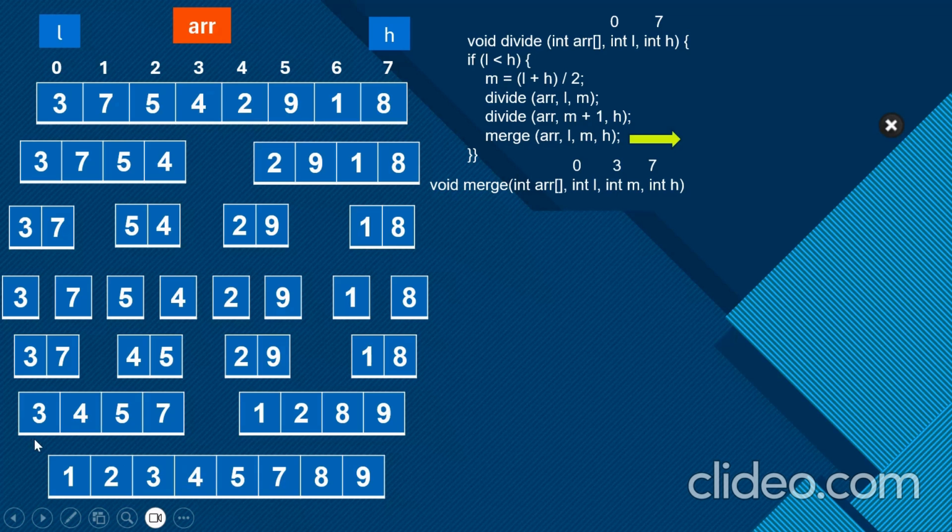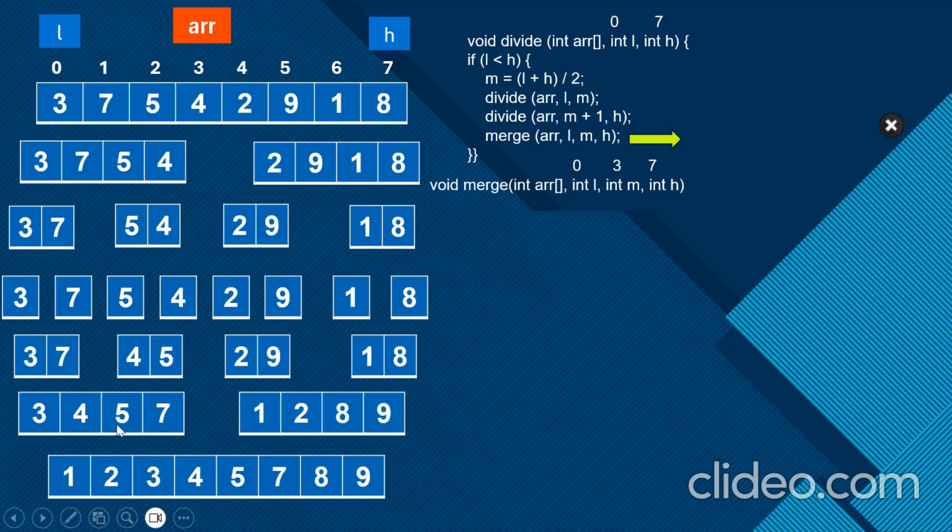To start with, as would be seen in code shortly, i would be 0, j would be 0, and k would be 0. i equal to 0 means we are currently at this index, and j equal to 0 means we are currently at the first element as far as array 2 is concerned, and k equal to 0 means that I am currently at this first position. I am basically awaiting the value which would come either from this array or this array, right?